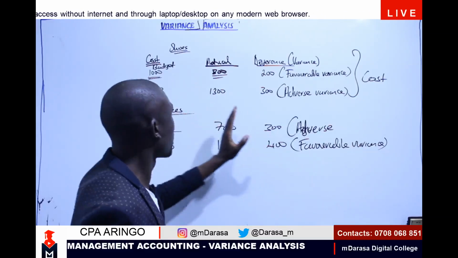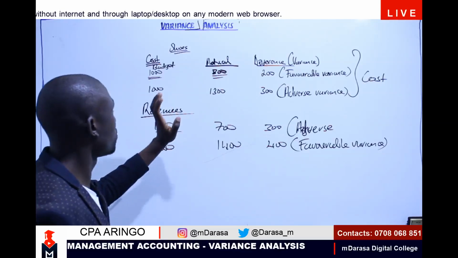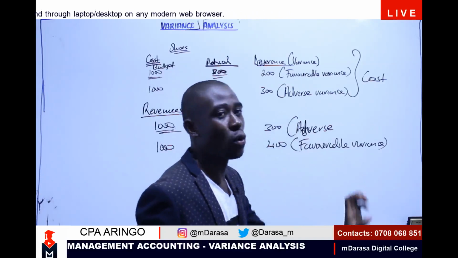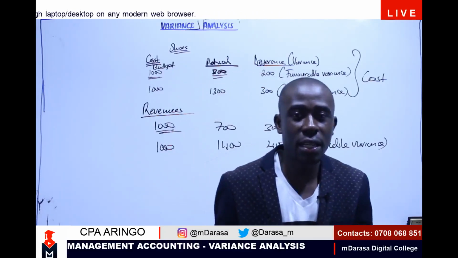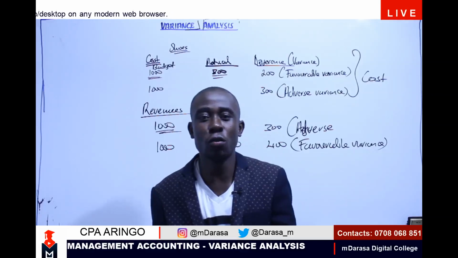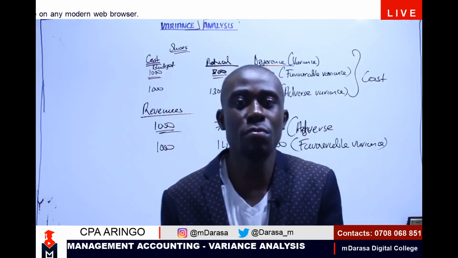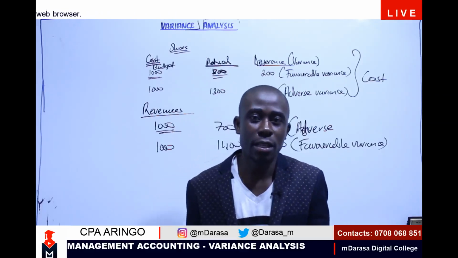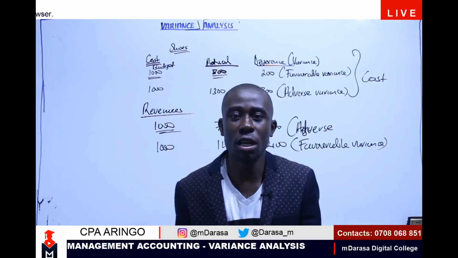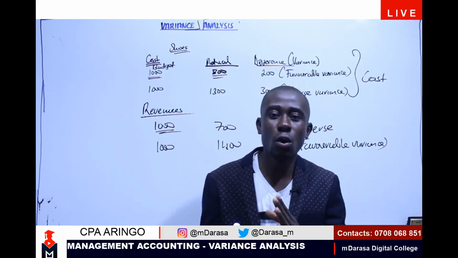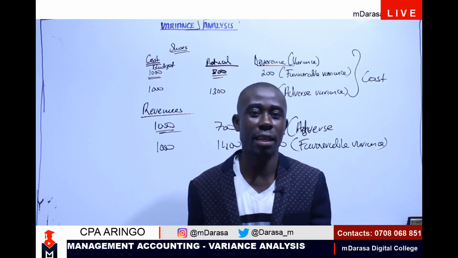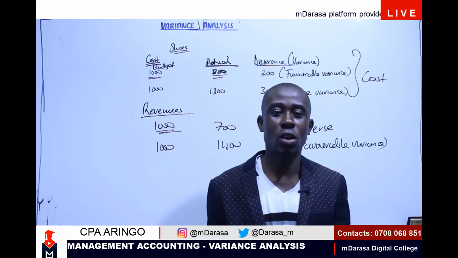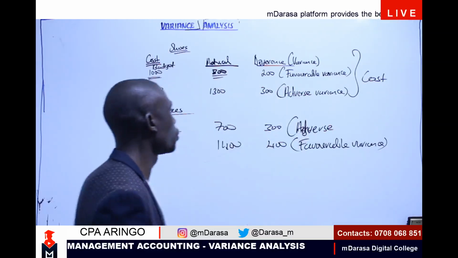So variance analysis is just a matter of us analyzing the variance that we have obtained. That's the basic knowledge of variance that you should always have at the back of your mind. Even as we proceed, and look at many questions in relation to this, always try to clearly define and understand the concept of variance.